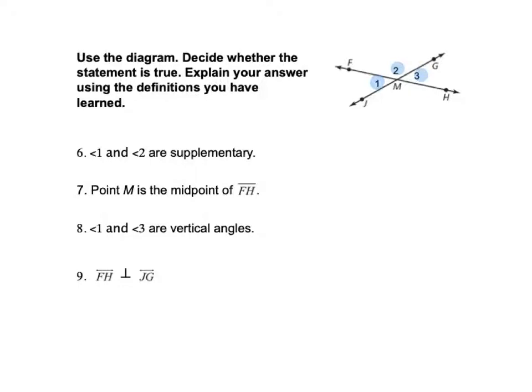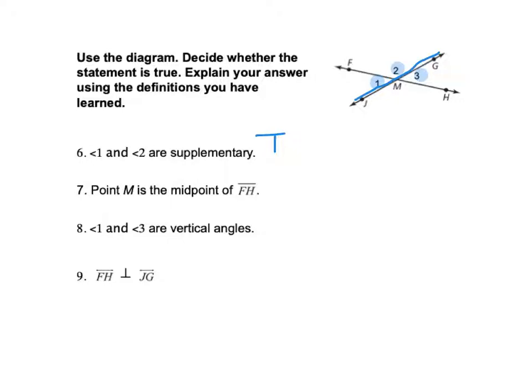The first one: angle 1 and angle 2 are supplementary. First we have to remember our definition. Supplementary means the two angles add up to 180 degrees or make a straight line. In this diagram, angle 1 and angle 2 make a straight line, so that statement is true.